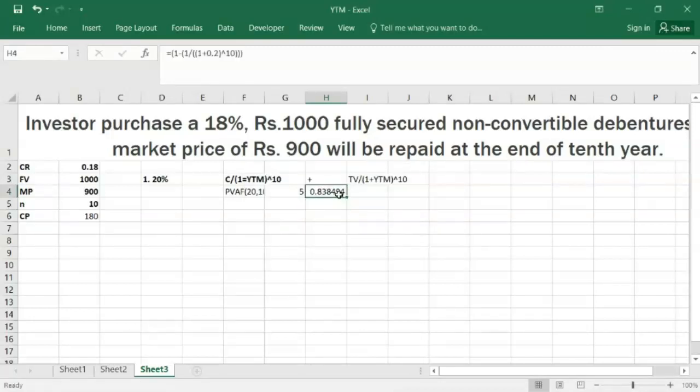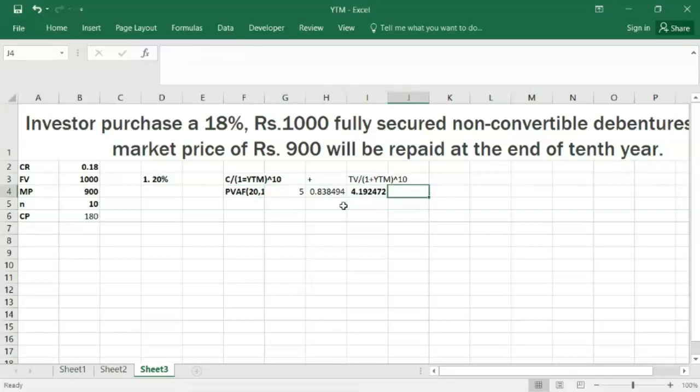It's 0.83. So this 0.83 is multiplied with the 1 divided by R. You can get the present value of annuity factor. Present value of annuity factor for 20% for the period of 10 years becomes 4.19.